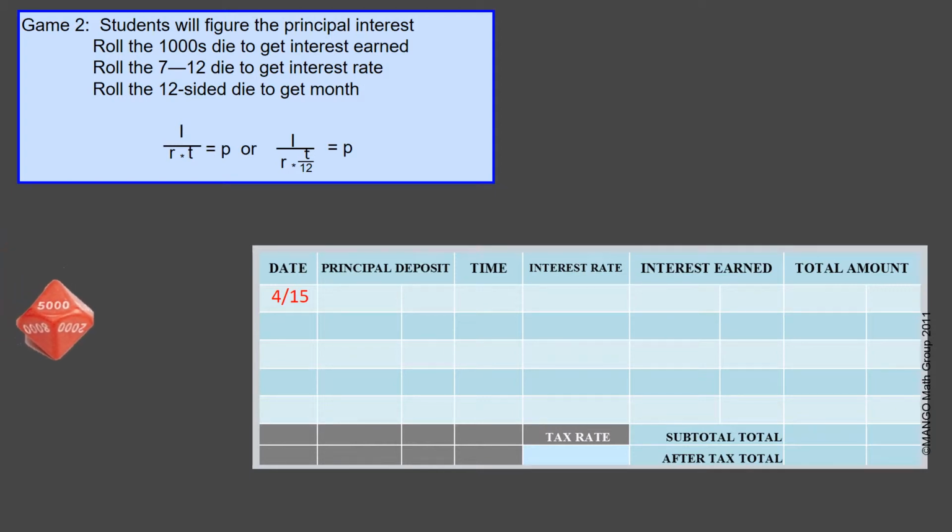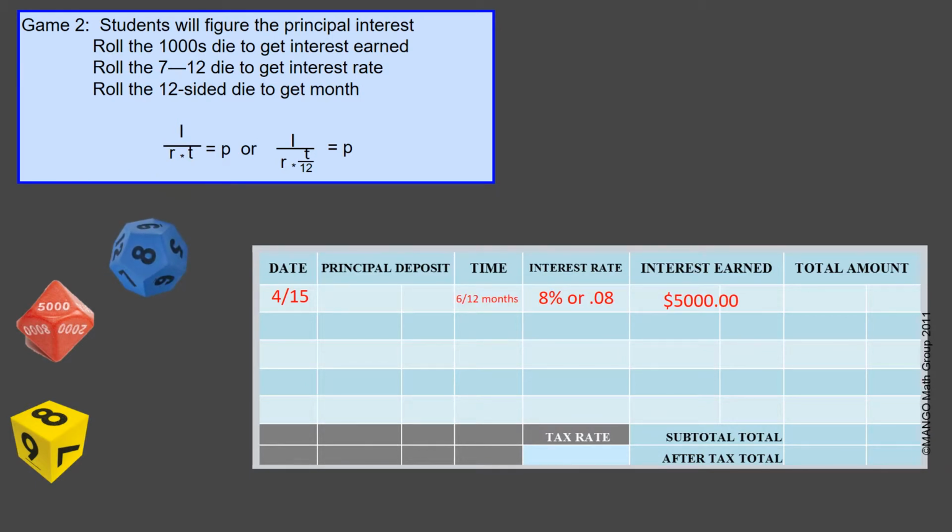We're going to start with our date. We're going to roll the dice. We've got the thousands, and that's going to tell us the interest earned. So that's $5,000 of interest that we earned off an amount of money that we put in. The next dice is going to tell us what percent was used to get that interest, and we had 8%.